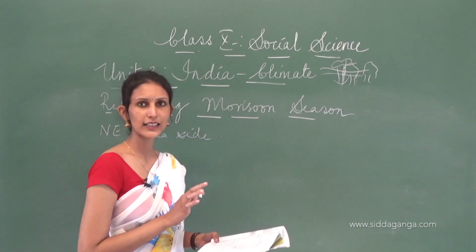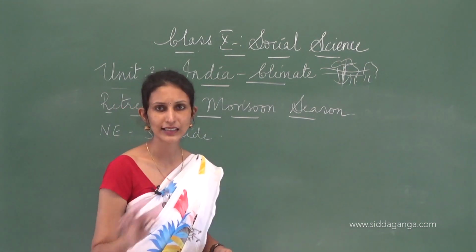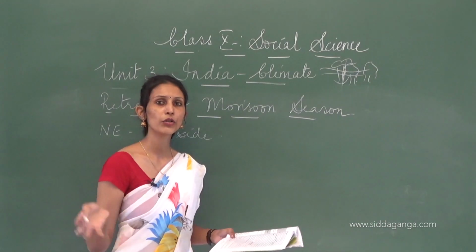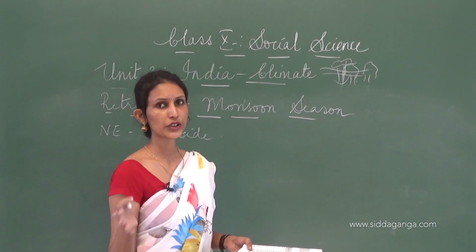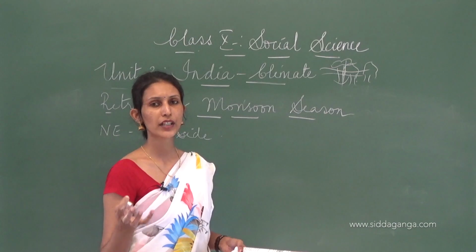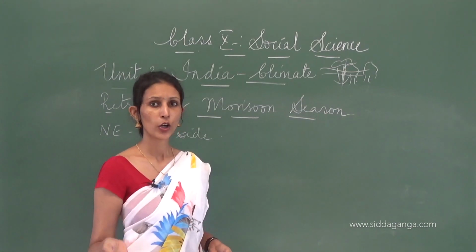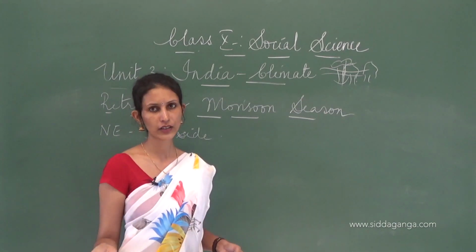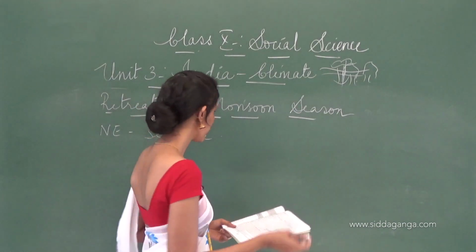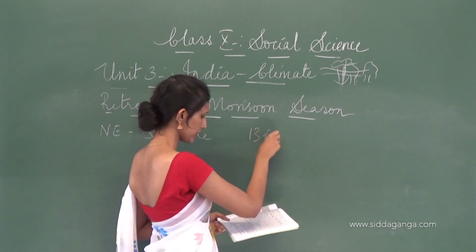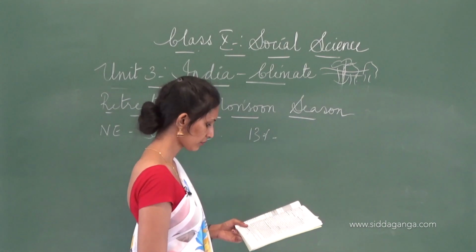Now this season is unpredictable, this season is uncertain. You really don't know at what time you can expect the rainfall to come, or will it really rain or will it not rain, it depends. So 13% of the rainfall happens at this time.